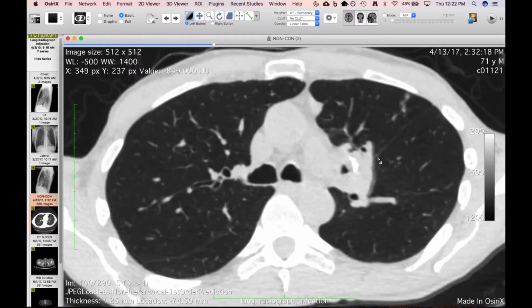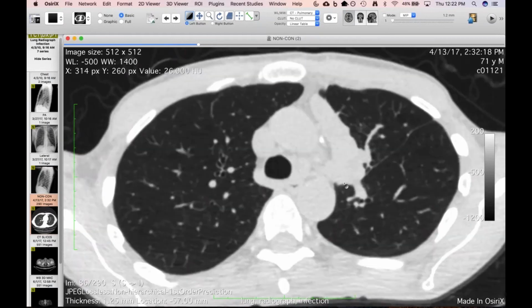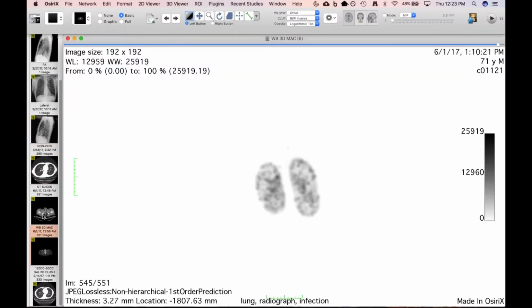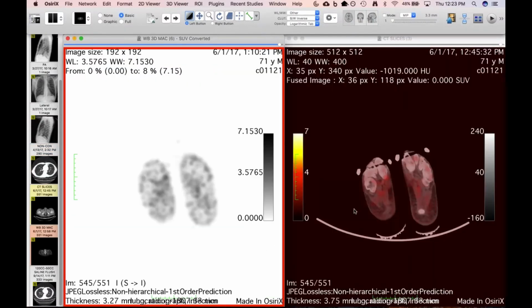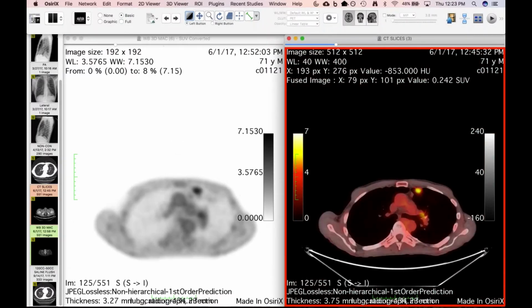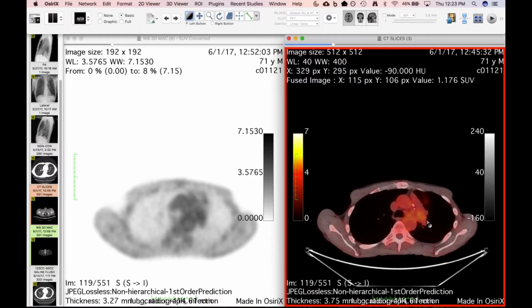And it was after the PET, because the PET was hot, and I'll show you, I think I have the PET I can show you here, which of course was also, they said there was hypermetabolism there and thought it might be cancer, but when we reviewed it before tumor board, you can see it's pretty hot right there. But we felt it was most likely a broncholith.